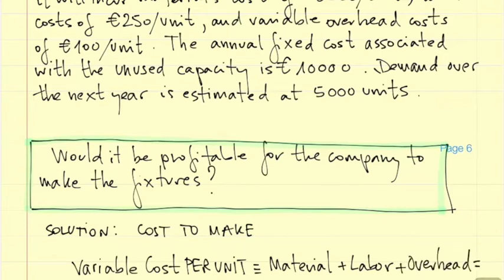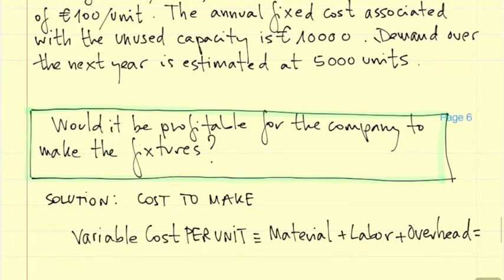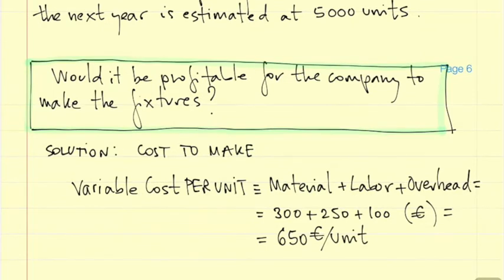Okay, just very simple. This is 300 euros plus 250 plus 100 euros. This equals 650 euros per unit.